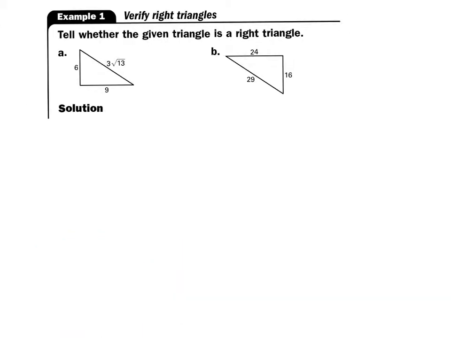Okay? Let's see how we use this. We have to determine whether these given triangles are right triangles or not. The easiest way is to square the hypotenuse and then add the squared legs together. So 3 root 13, if I square that, root 13 becomes 13, and 3 squared is 9. 9 times 13 gives 117 on the left-hand side.